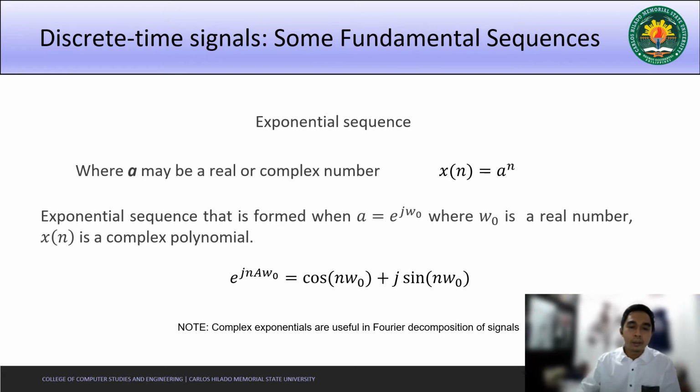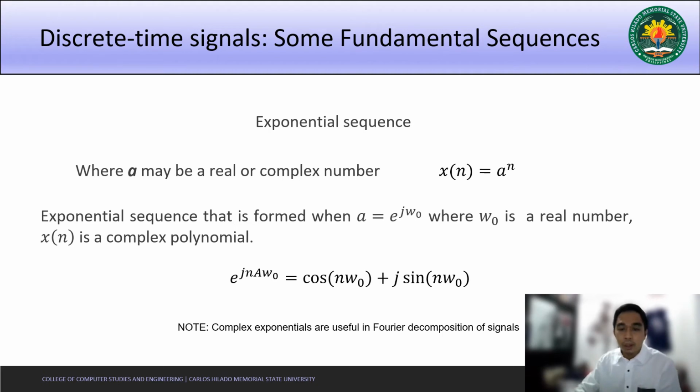The exponential sequence is formed when a is equal to the exponential of j w sub 0, where w sub 0 is a real number and x of n is a complex exponential.